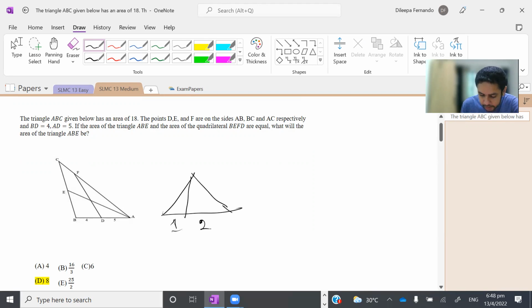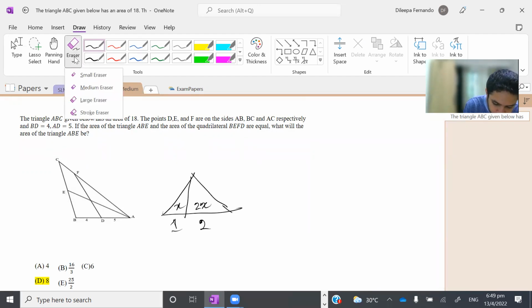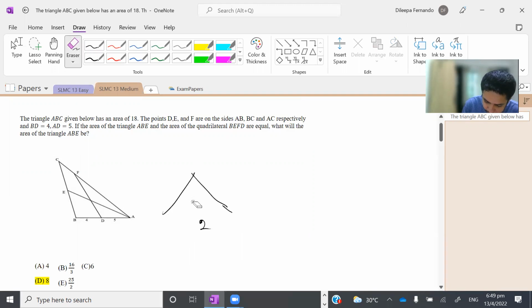If the ratio is 1 to 2, the area also has the same ratio. So this is one of the principles used in this question. Yeah, so let's come back to the question.